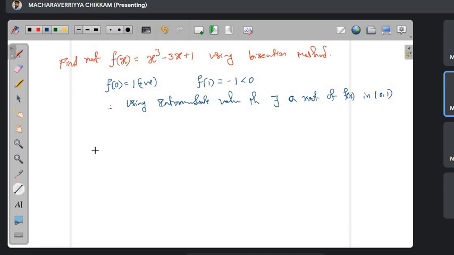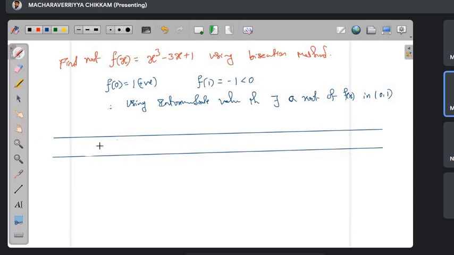After writing this, you create a table. If you want, you can keep the serial number. Initially, instead of an interval, take the a value and the b value where the root lies, written in increasing order. Later you write x naught, the midpoint of those two, which is a plus b by 2.